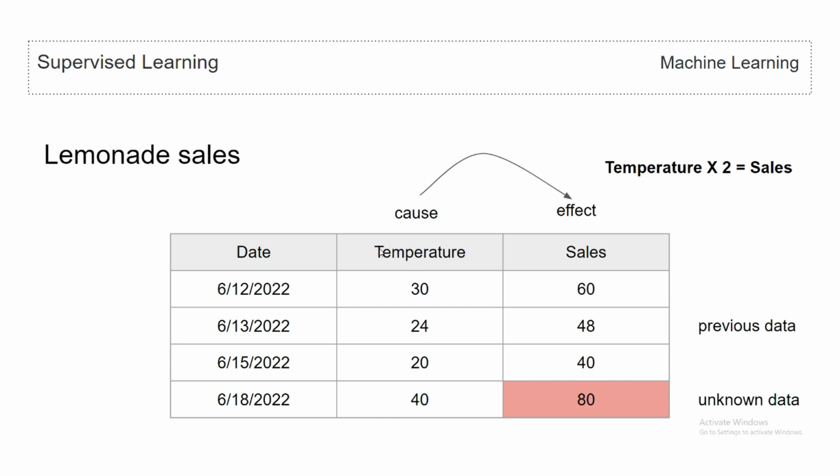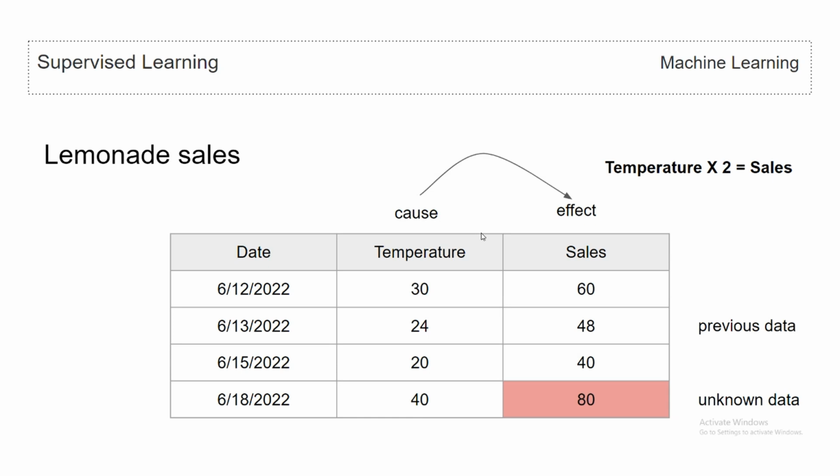And in this case, the temperature will be the cause, otherwise known as the independent variable. And then over here, we have the sales, which is the effect based on the cause, and it'll be our dependent variable because the sales is dependent on the temperature that's given.